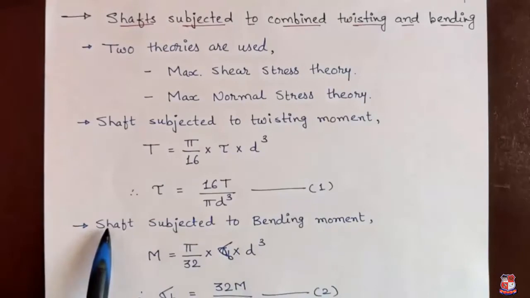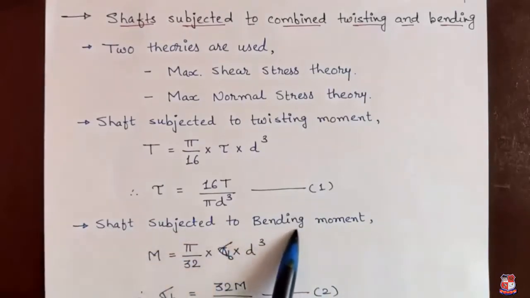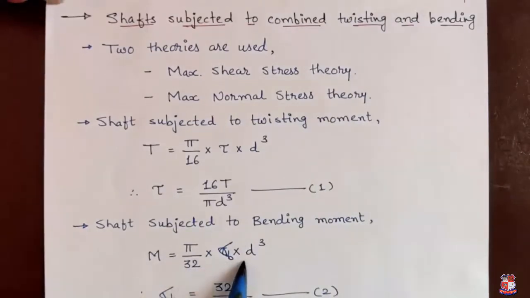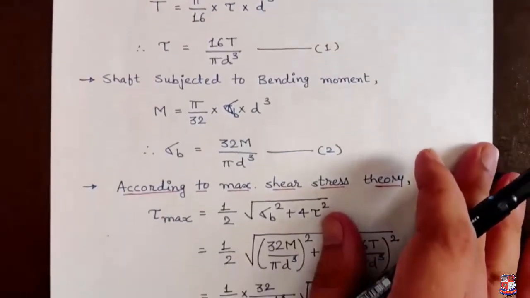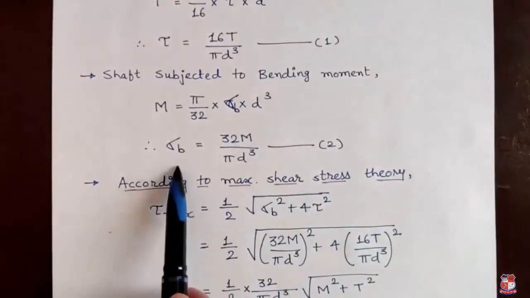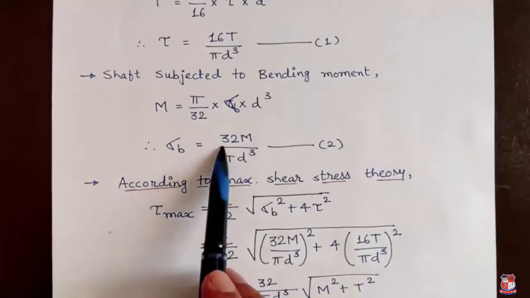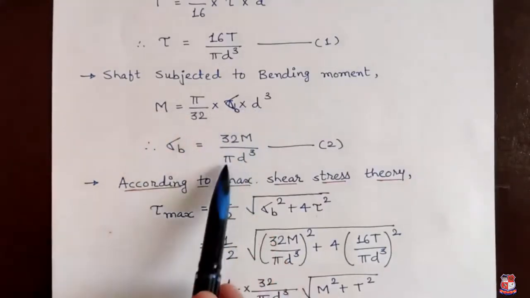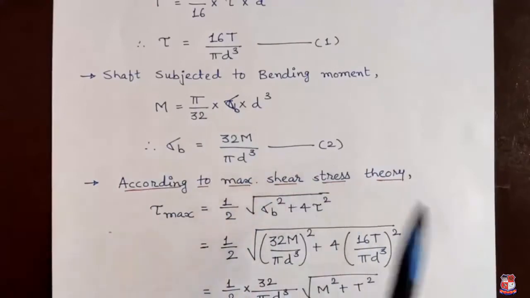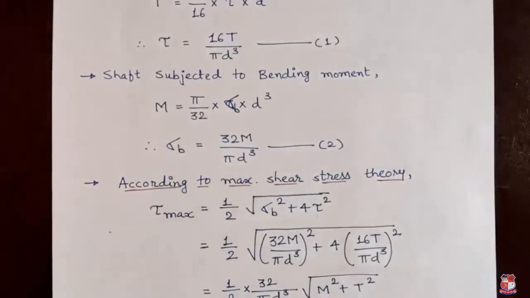Then second, we are having shaft subjected to bending moment theory, that is M is equal to pi by 32 into sigma b into d cube. By modifying this equation, we will get sigma b is equal to 32 into M divided by pi into d cube. This will be our equation number 2.